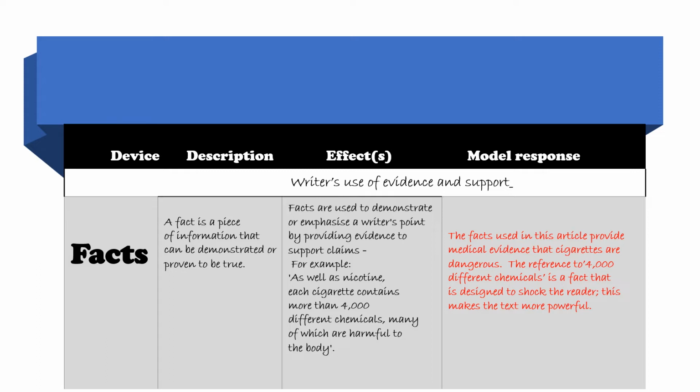Facts. What is a fact? A fact is a piece of information that can be demonstrated or proven to be true. Facts are used to demonstrate or emphasize a writer's point by providing evidence to support claims. Good students, facts can also be used to enhance the main argument, the points, and the stand position of the writer.